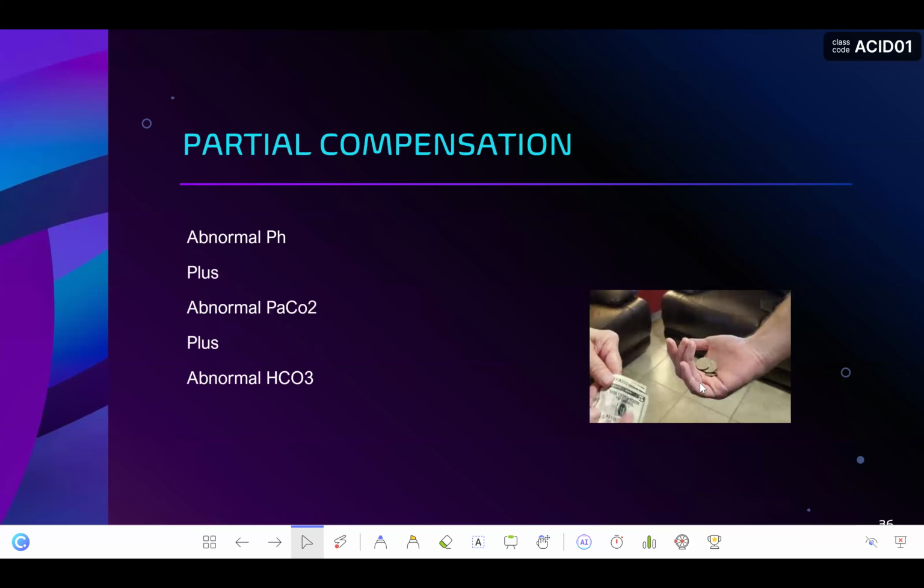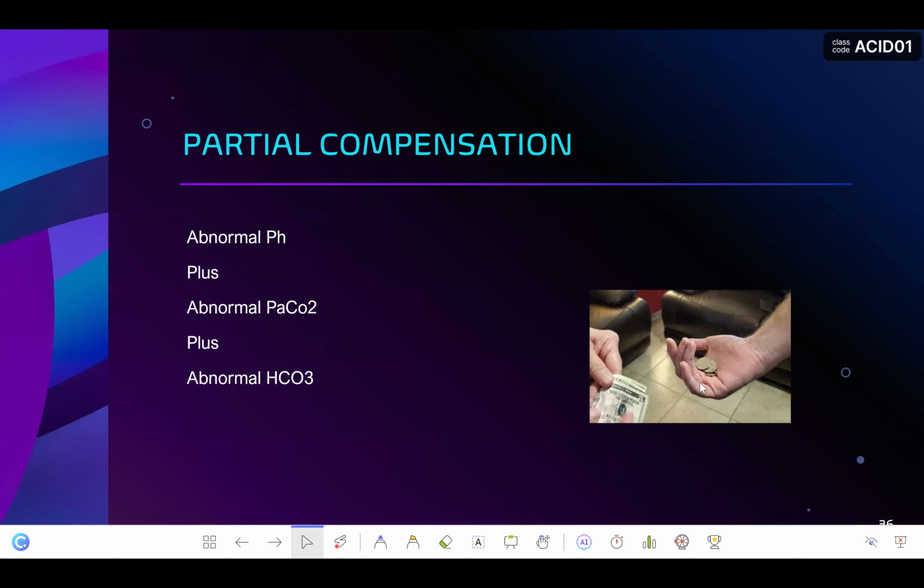Partial compensation. In this, we have an abnormal pH, so we'll see that the value is outside of 7.35 to 7.45, but you also have an abnormal PaCO2 and an abnormal HCO3, because both of these buffer systems are trying to work together to compensate and correct the pH, but it's just not enough.